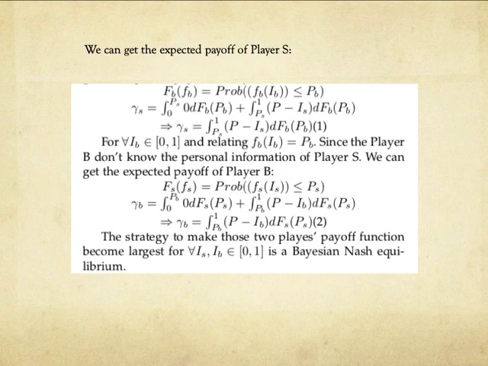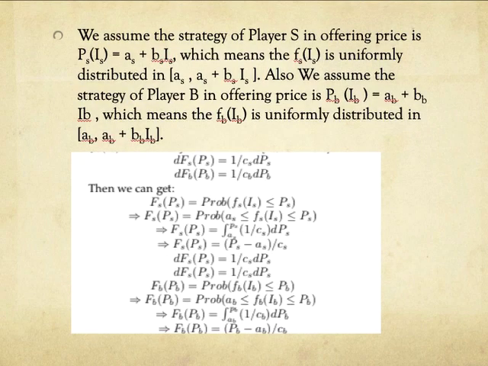The strategy that makes the two players' payoff functions largest is the Bayesian-Nash equilibrium. Now we can assume the strategy of player S, PS(IS) equal to AS plus BS times IS, which means PS is uniformly distributed from AS to AS plus BS.